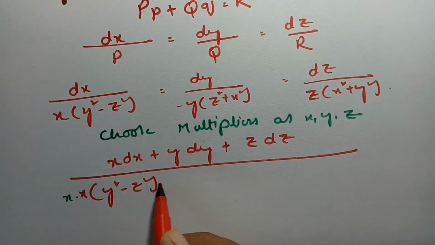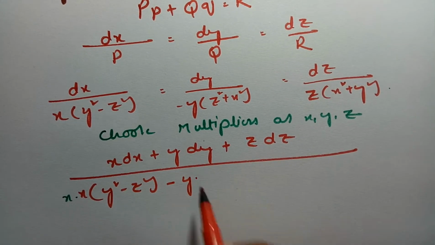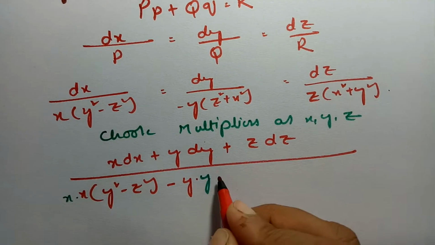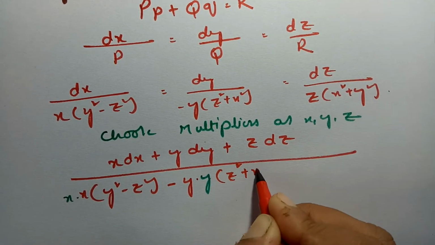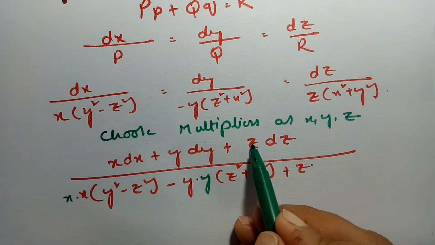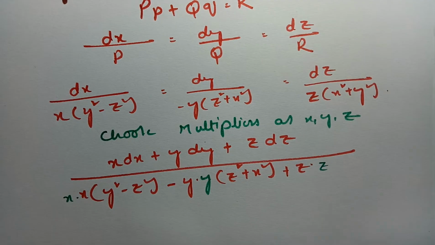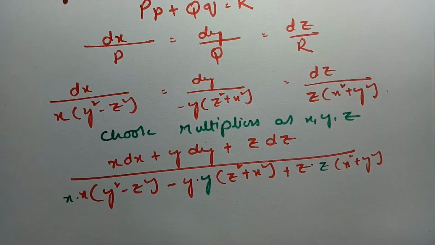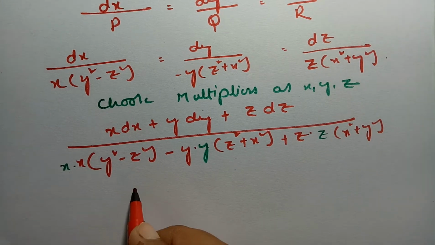Y squared minus z squared, minus, already there is y, and I have to multiply with y in the denominator, that is z squared plus x squared, plus z times, I have to multiply this with the multiplier z, x squared plus y squared. See, the denominator should definitely become 0.